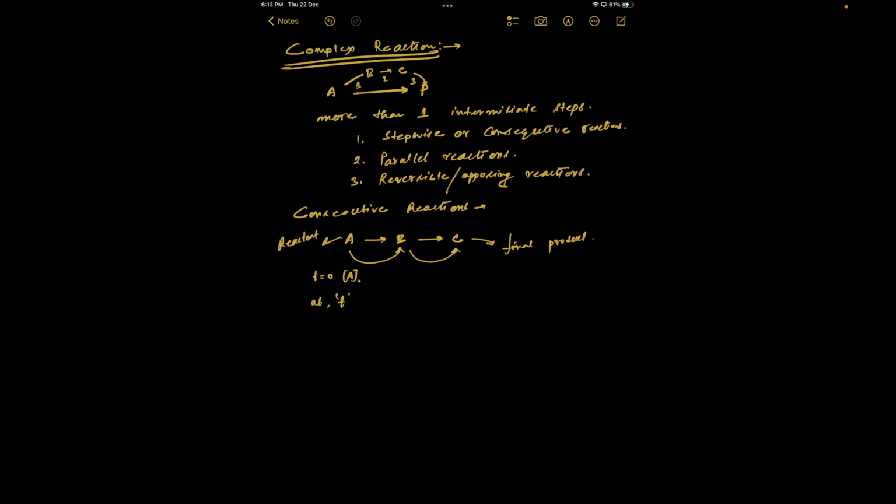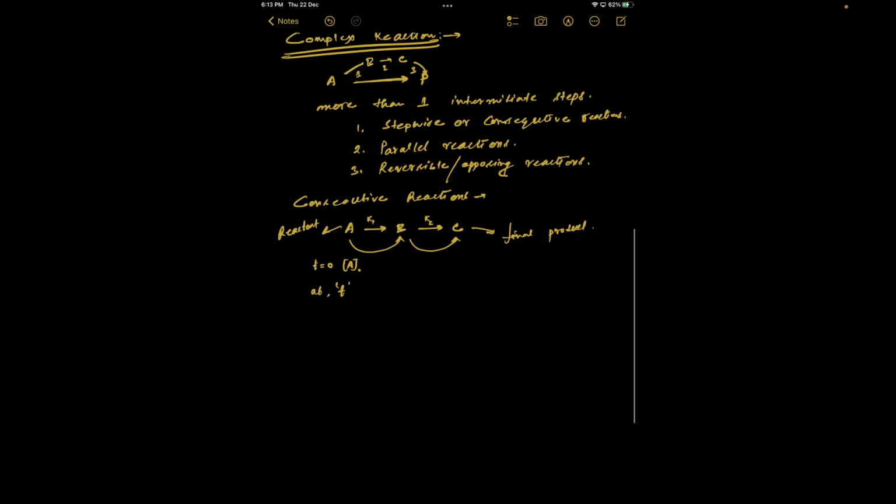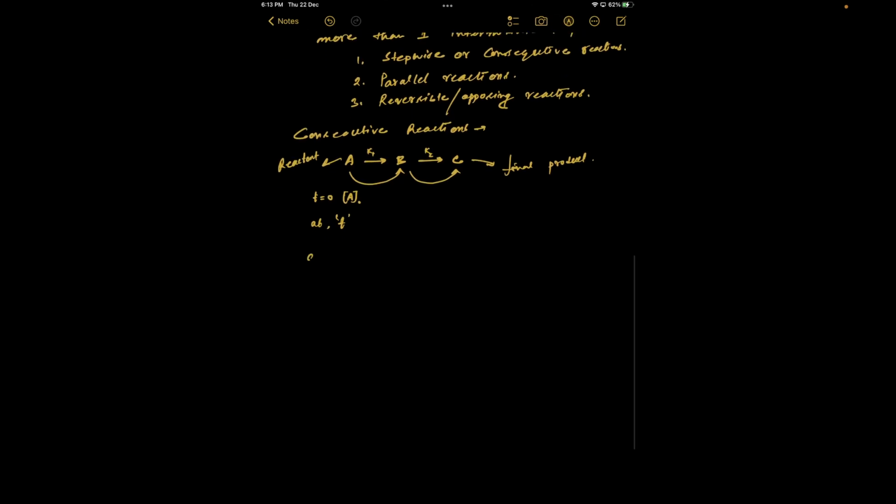Now let's say for the step A to B, the rate constant is K1, and from B to C, the rate constant is K2. At time t, the total concentration of A plus B plus C will be just A0.